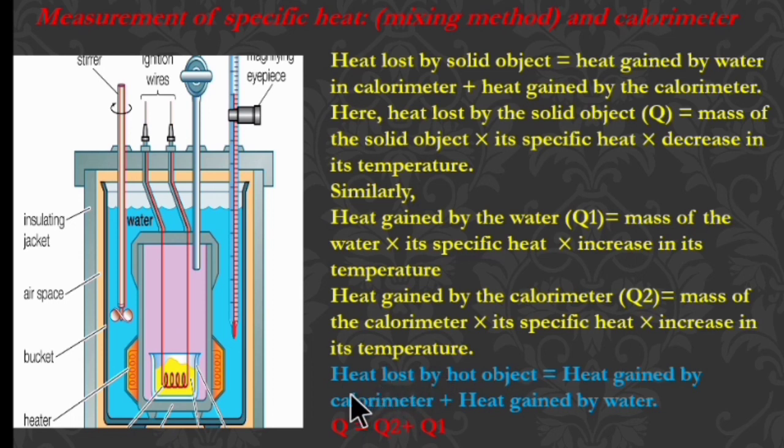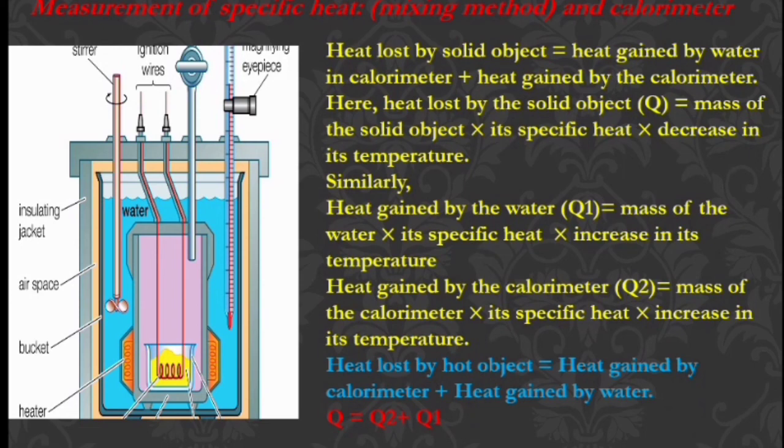So, heat lost by the hot object is equal to the heat gained by the calorimeter plus the heat gained by the water. So, we get the final equation: Q is equal to Q2 plus Q1. Using this equation, if the specific heat of water and calorimeter are known, the specific heat of the solid object can be calculated.